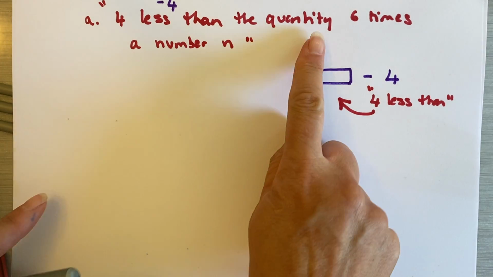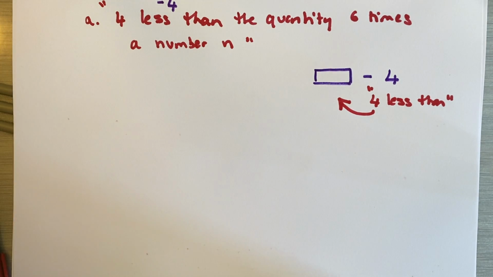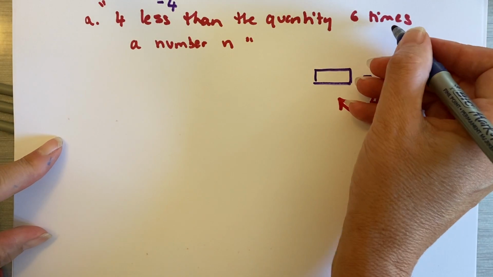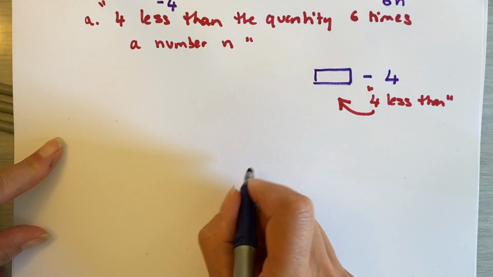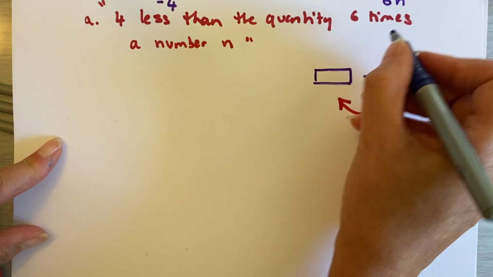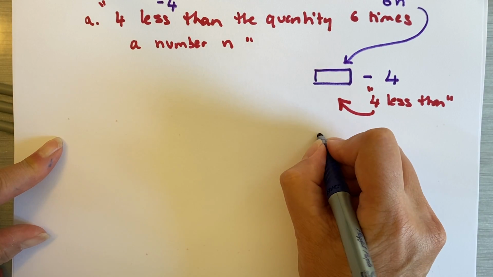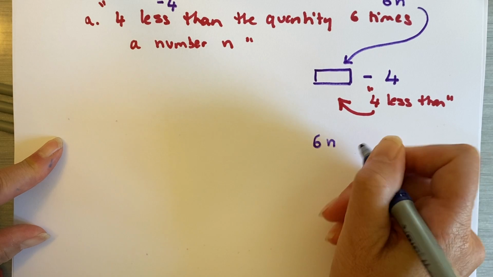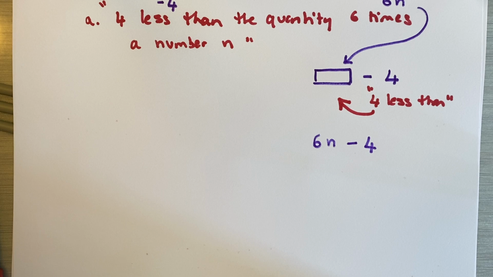Next, you're going to see the quantity 6 times a number n, okay? 6 times the number n. So 6 times n, you know that, is 6n. So now you know what's going to go here. 6n minus 4. And that's what you're trying to create.